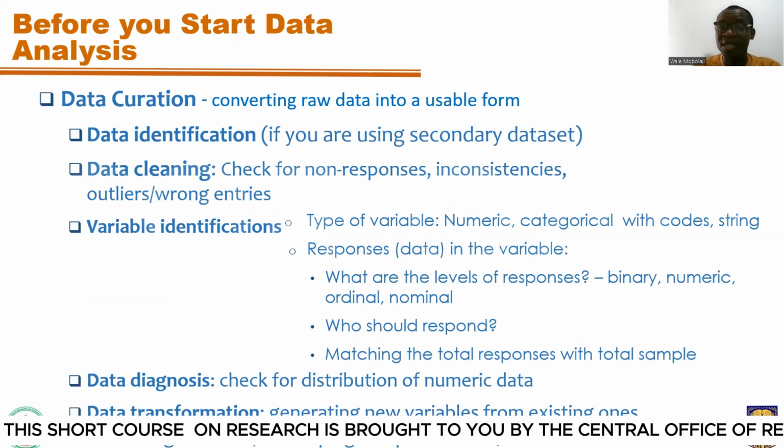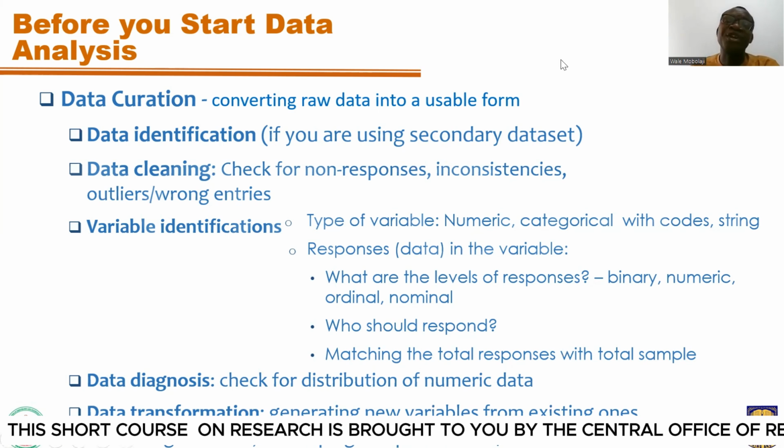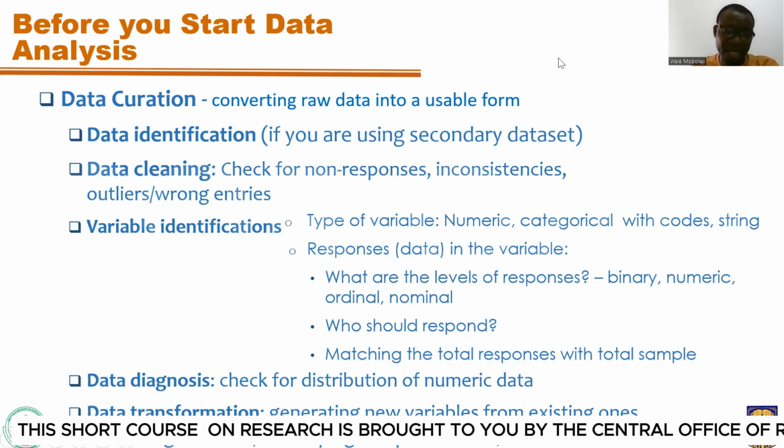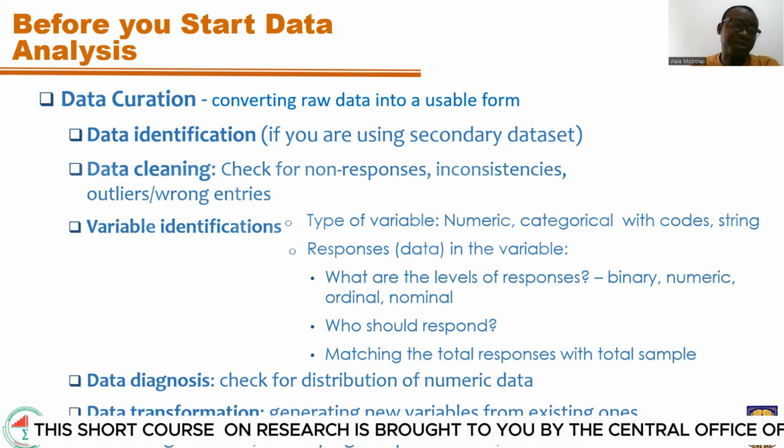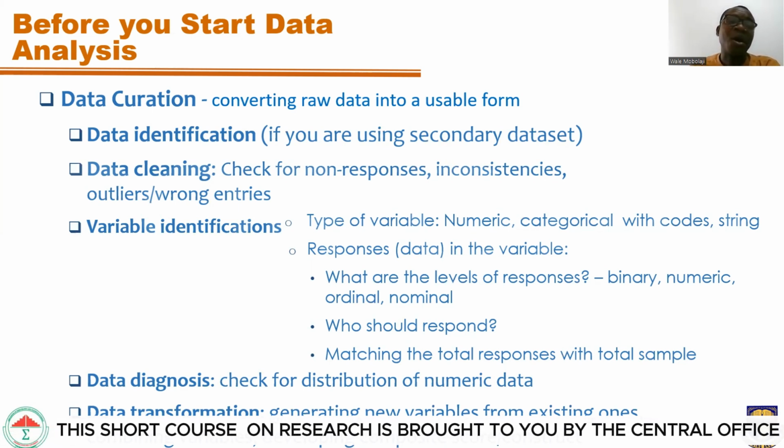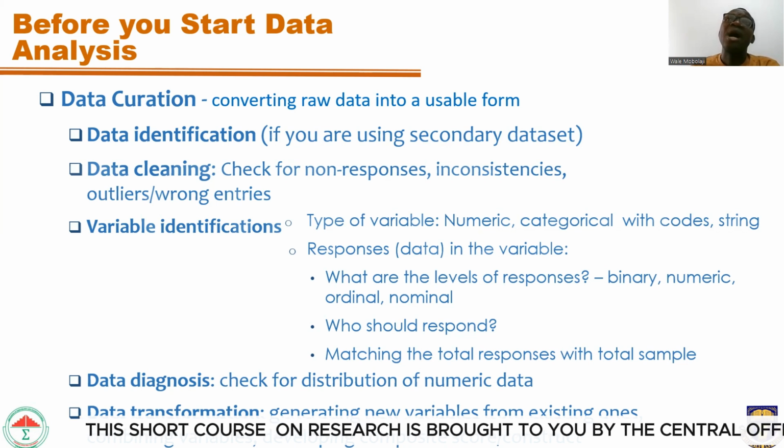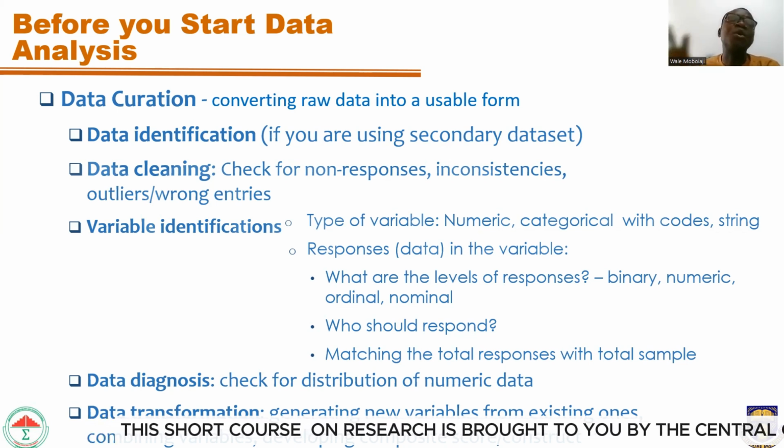Since you are the one that collected the data as primary data for your study, you need to, first of all, understand how the responses are in that data set. You are aware of the variables, but how did the respondents respond to the questions being asked? Or how does the data look?